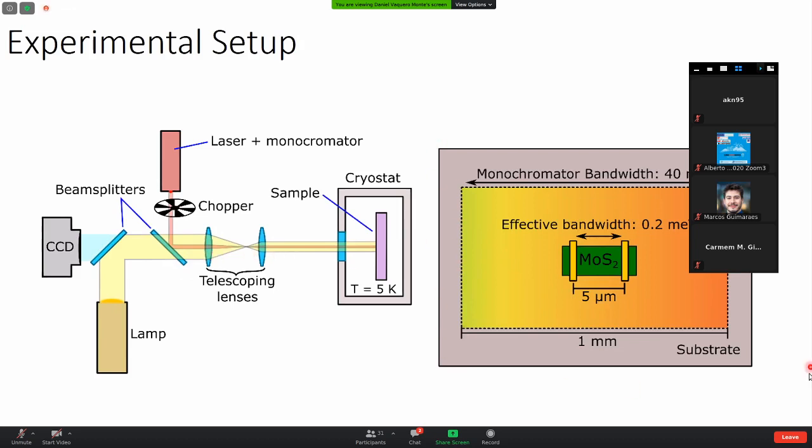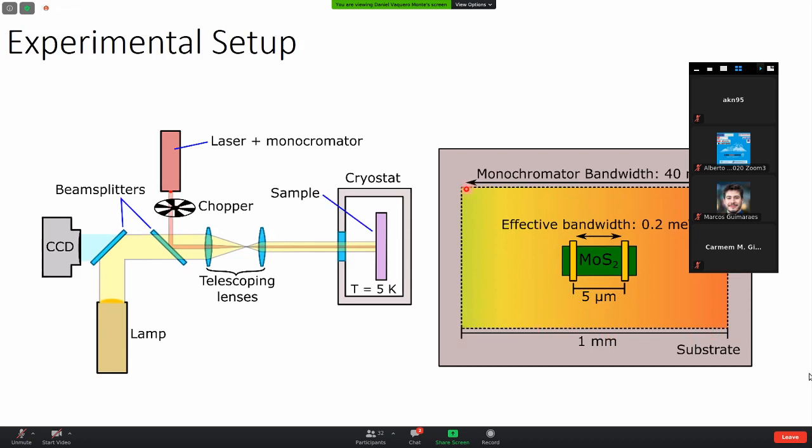In this zoom, we have represented the light that goes out from the light source. Here we have the beam of the monochromator, and this beam has a bandwidth of 40 millielectron volts. We use this large beam in order to illuminate the whole sample.